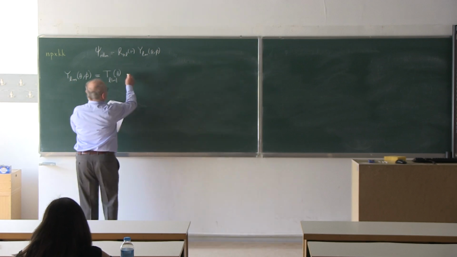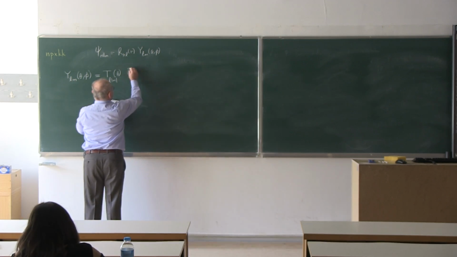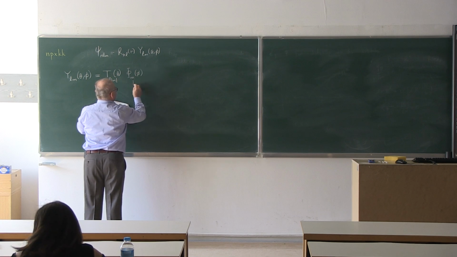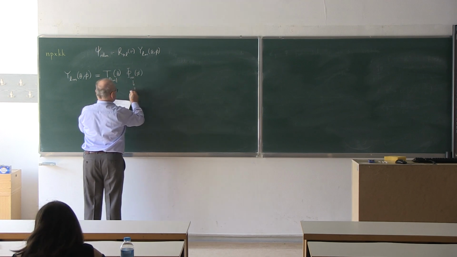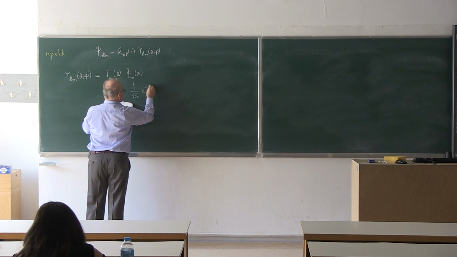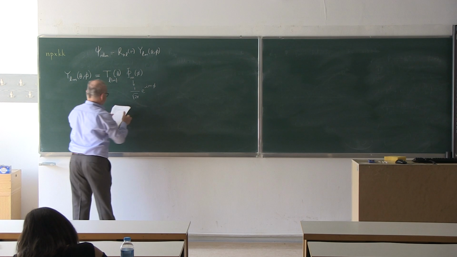The second factor is this factor, in fact, the normalized function, 1 over square root of 2 pi times e to the i m times phi.